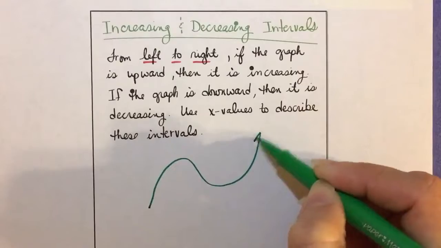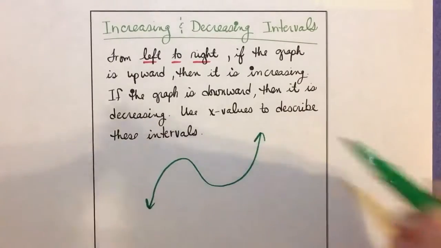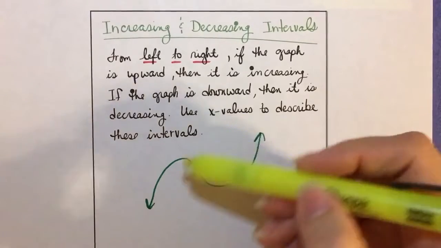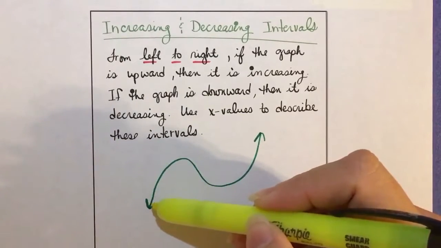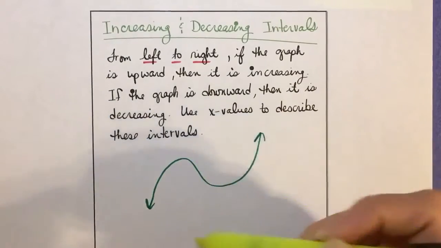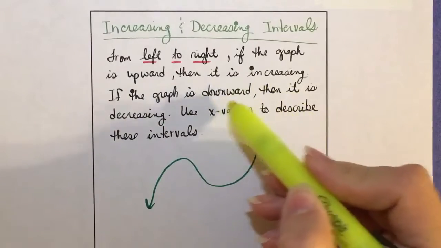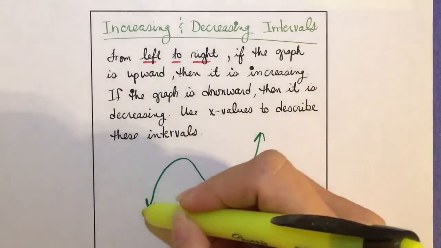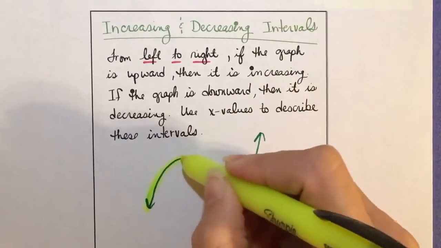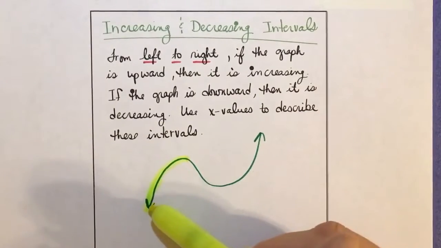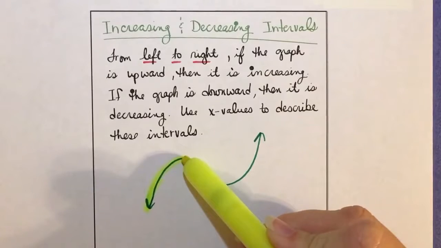Now, before we actually work an exact problem, I just want to give you a quick little idea of what that's referring to. So let's say that this is our graph. And as I said, from left to right. So if you start tracing your graph from the left side around to the right side, as it states, if you go up, then it's increasing, down would be decreasing. So like if I start tracing this part right here, that's going to be a part that's considered increasing because I'm going up a hill, okay?